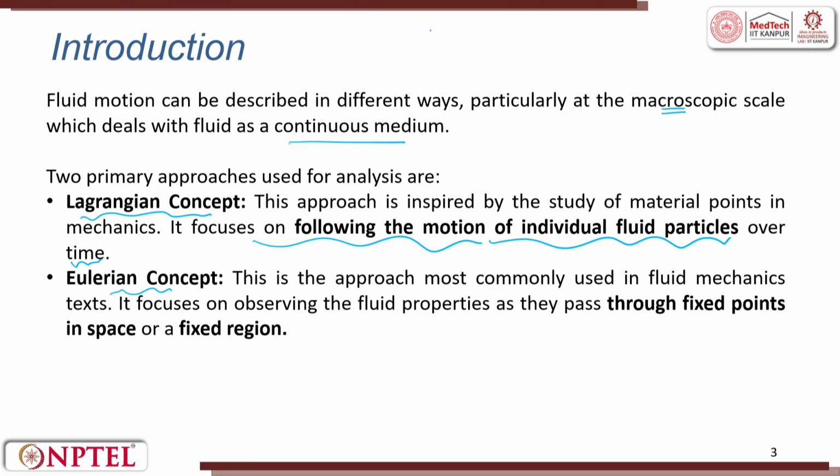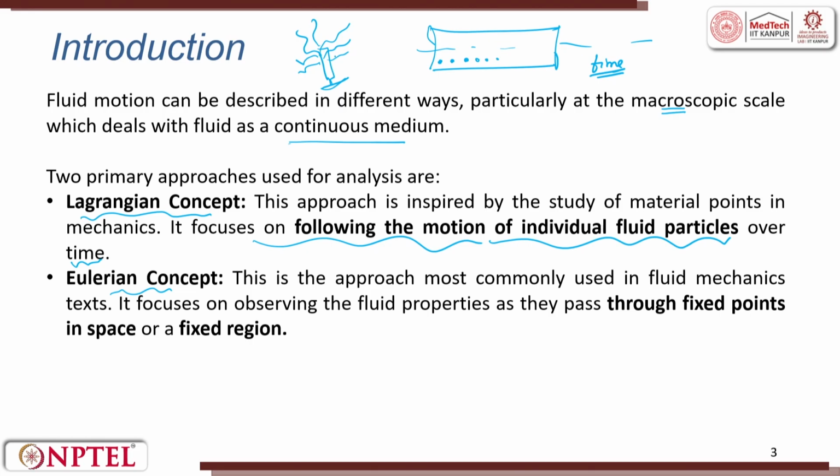For example, if there is a fluid flowing through a pipe and we want to analyze what is going on, we take individual particles and note down with respect to time what happens to each particle. For example, take an agarbatti, which has an aromatic smell that gets dispersed all through.